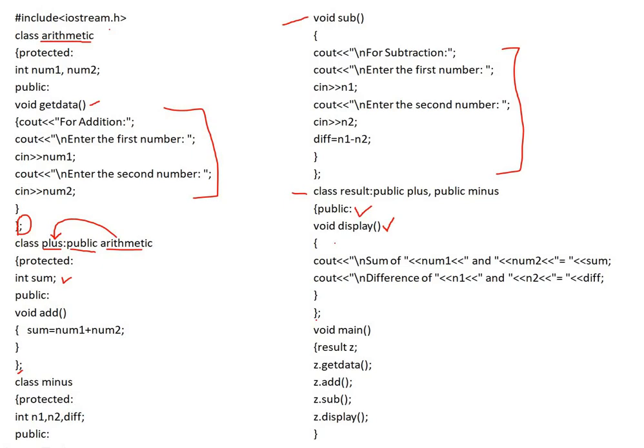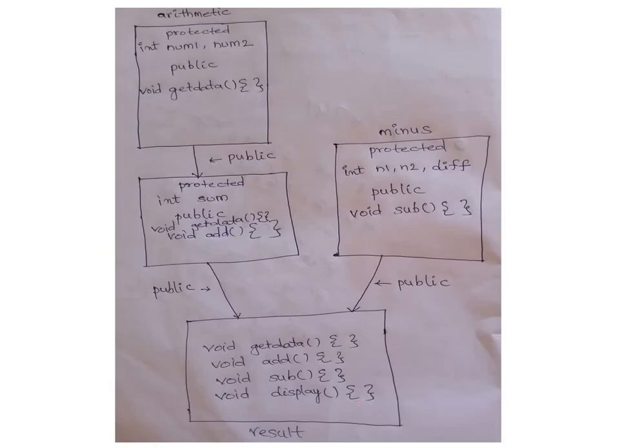Right. Now let us see the actual flow of the program. Next we have written the main function also. Yes, look here. This is the actual flow of the program. Now look here. Here arithmetic is a base class. Minus is also a base class.